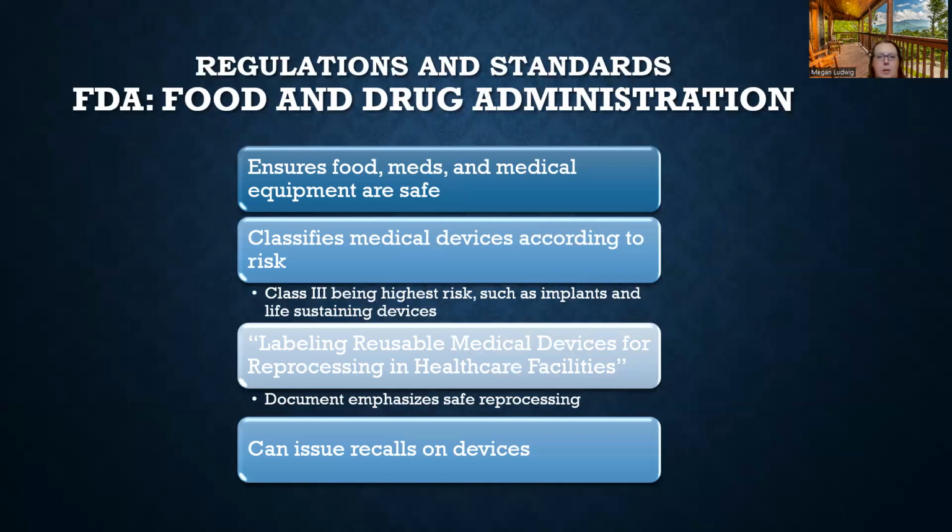Not all items can be reprocessed. Maybe they're too delicate, maybe they're just a one-time use type of thing. So they have a document that explains that. They also are responsible for issuing recalls on devices, maybe like an implant or a stent that we put in a vessel. They can issue those types of device recalls.